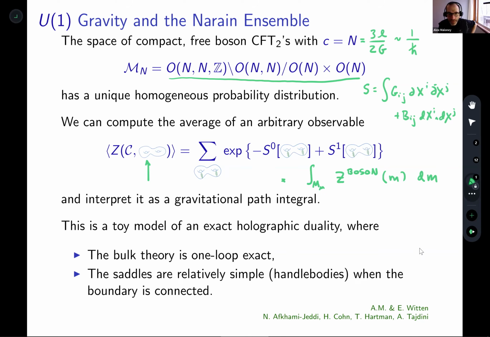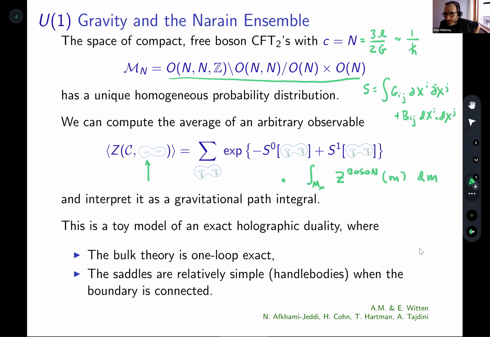Okay. Great. So there's a question, I think it was Julian who asked, what is the probability distribution? Well, the reason why I wrote the moduli space of theories as a coset is that you can now see that it's a homogeneous space. You know, it's got O(N,N) isometries. And because of that, it has a unique probability distribution, right?